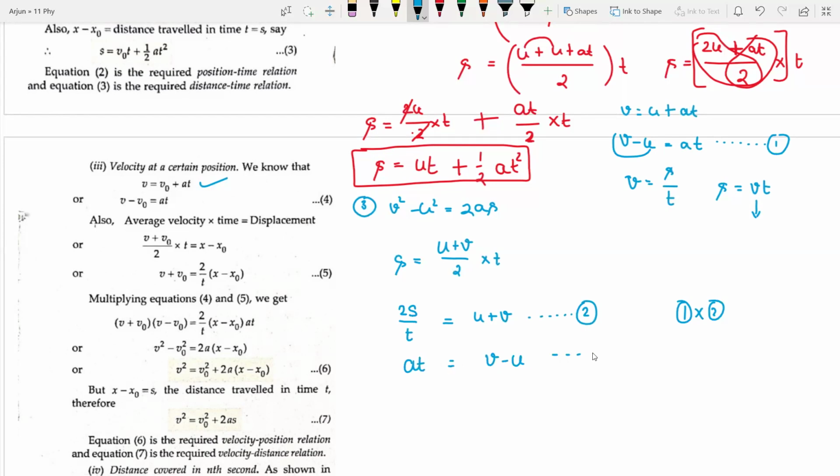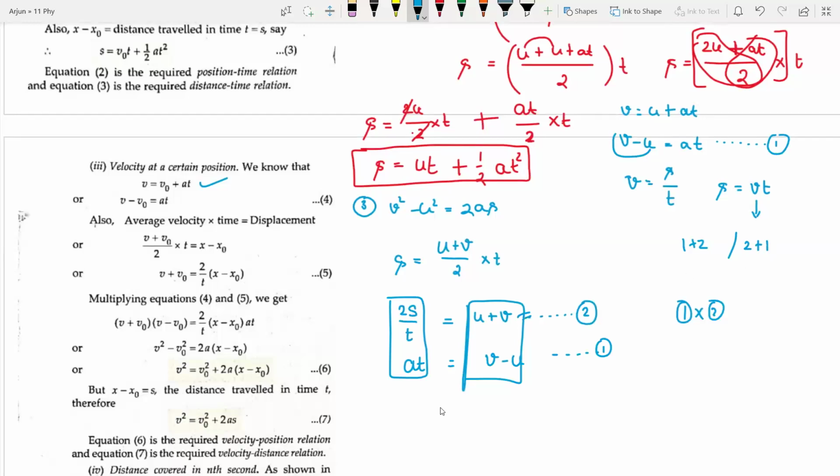Multiply first and second equation. These both will be multiplied on one side, and these both will be multiplied on the other side. So this can be written as u plus v into u plus v, or v plus u, both are same, isn't it? If I write 1 plus 2 or 2 plus 1, both are same.